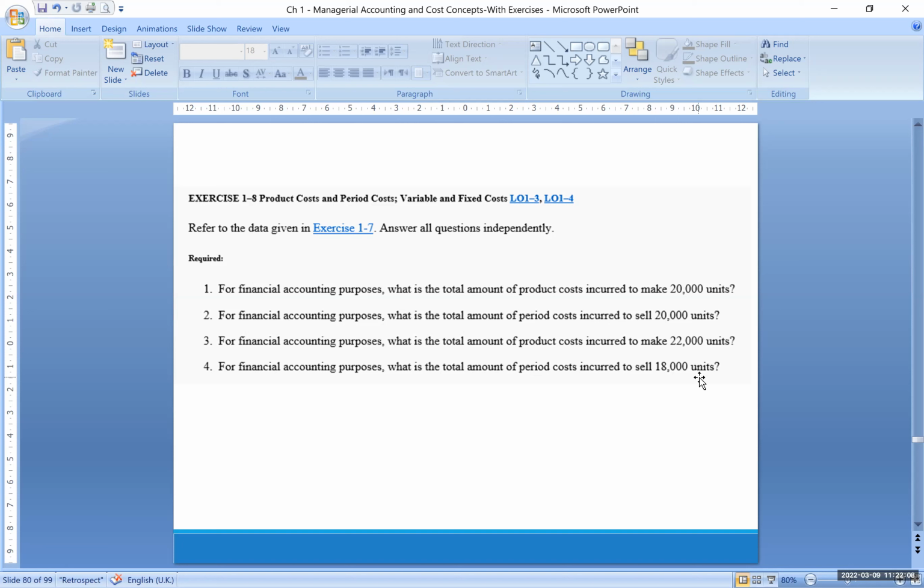Let's do another exercise, 1.8. Exercise 1.8, product cost and period costs. Variable and fixed costs. Refer to the data given in exercise 1.7. Answer all the questions independently.